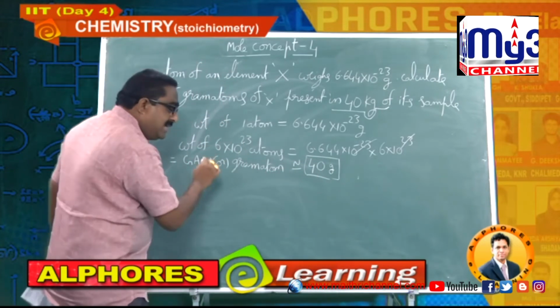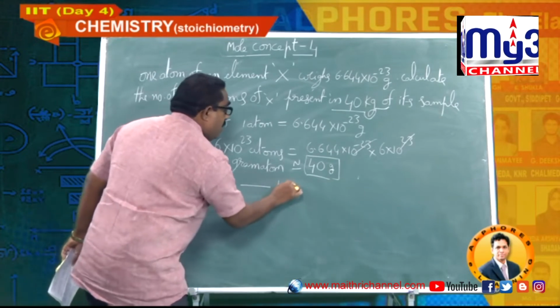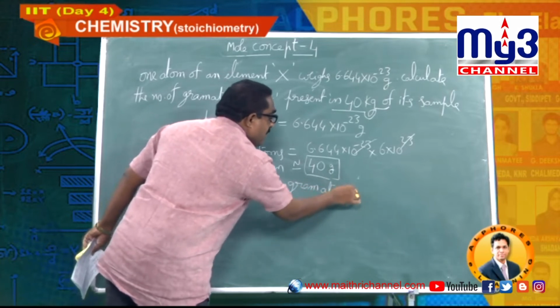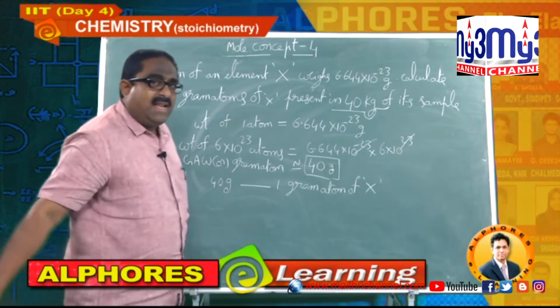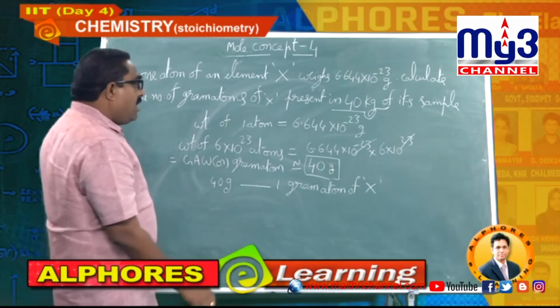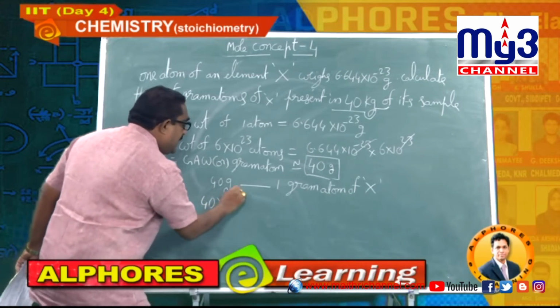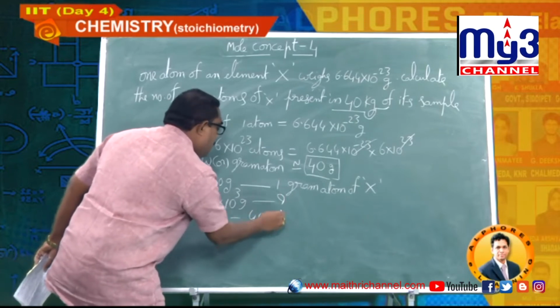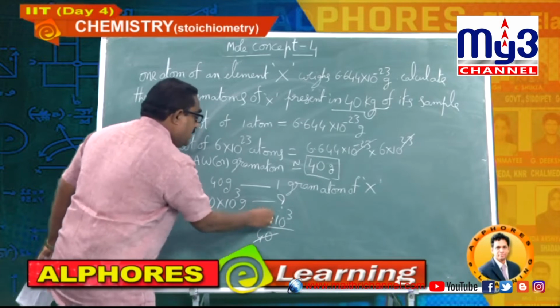Now I am writing this. 40 grams means 1 gram atom of X. Now this time he has given 40 kg, convert kg also into grams: 40 into 10 cube grams. So how many? 40 into 10 cube divided by 40. Write down, students.